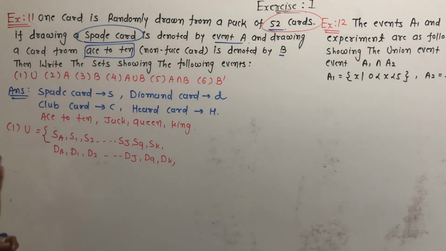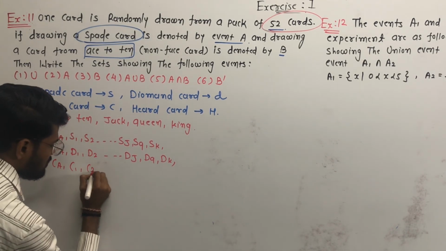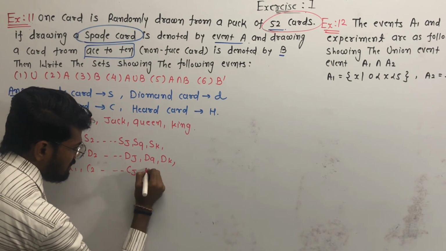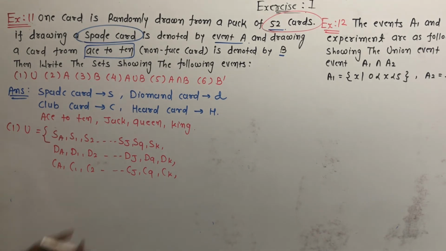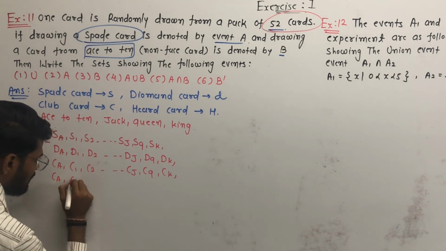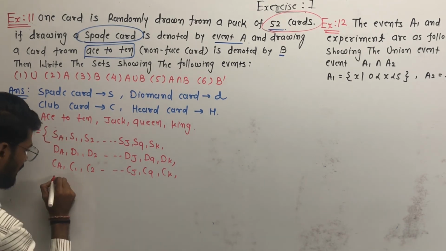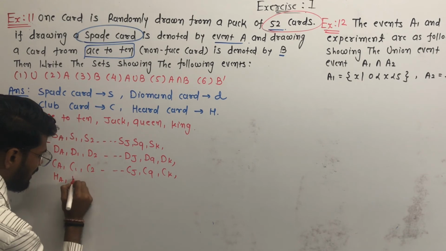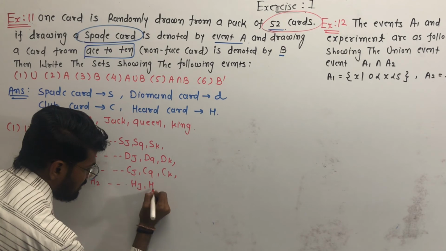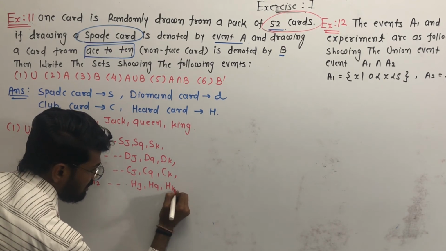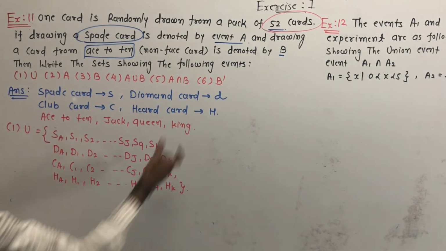Now the club cards: CA, C2, dot dot dot, CJ, CQ and CK. Now the heart cards: HA, H2, dot dot dot, HJ, HQ and HK. So these are the elements of our sample space, and the number of elements is 52.